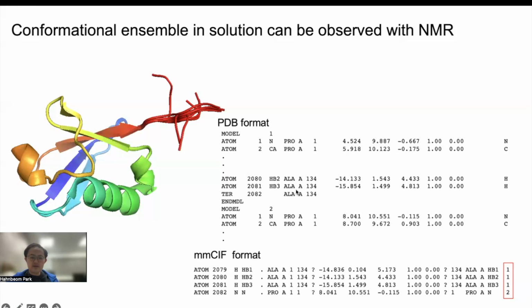This information is written in PDB format as MODEL 1, MODEL 2, MODEL 3, and so on. It usually consists of 10 or 20 models in a single PDB, or in mmCIF, there is a model index column at the end, which contains the same information as in PDB format.